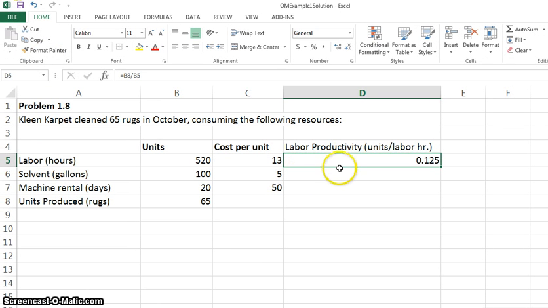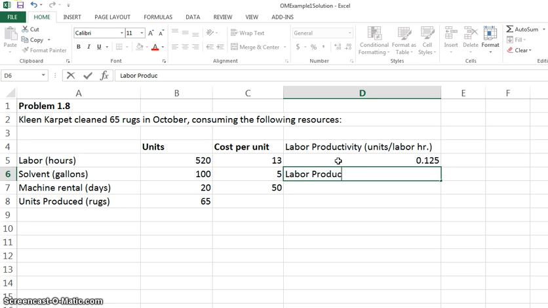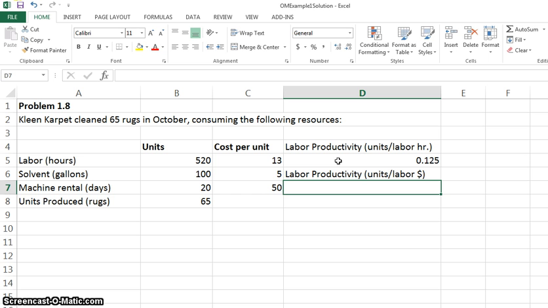If we want to calculate the labor productivity per dollar of labor, we would need to put in the numerator the units produced and in the denominator the entire cost of the labor that was used to produce them.